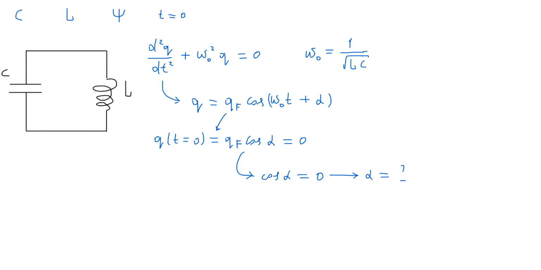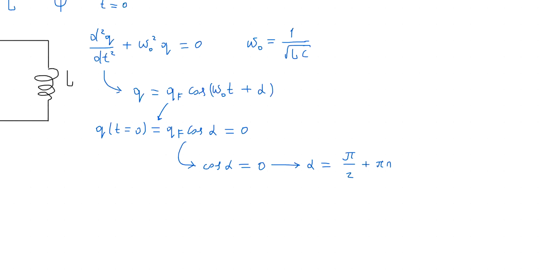Okay, it will be pi divided by 2 plus pi n, where n belongs to Z, so n is any integer number.